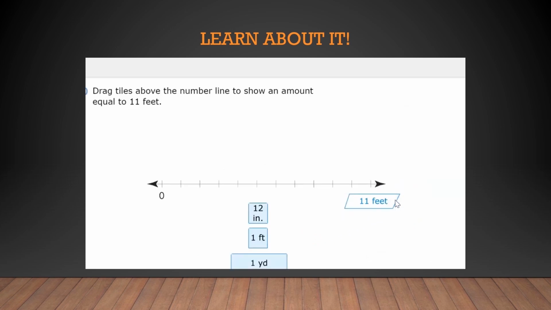I'm glad we have the opportunity to use this number line as a visual to help us represent exactly what we're working with here. So we have 1 foot, we have 12 inches, and we have 1 yard. If we're looking at these different units of measurement and how they compare to each other, we can see that 1 foot is equal to 12 inches, and then we can see that 1 yard is going to be equivalent to 3 feet.